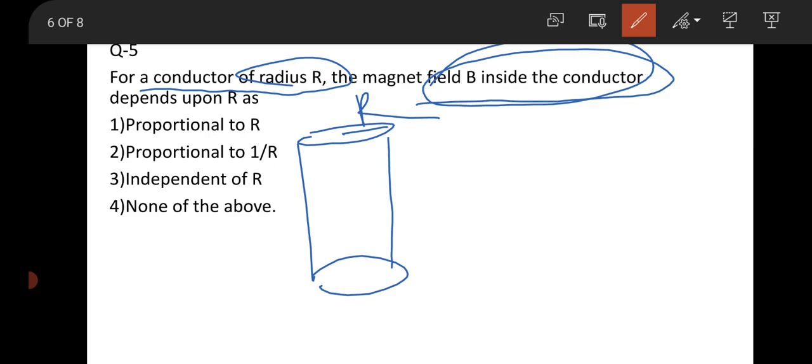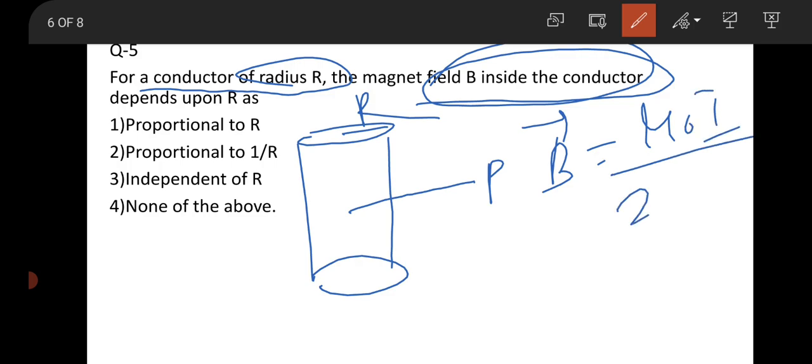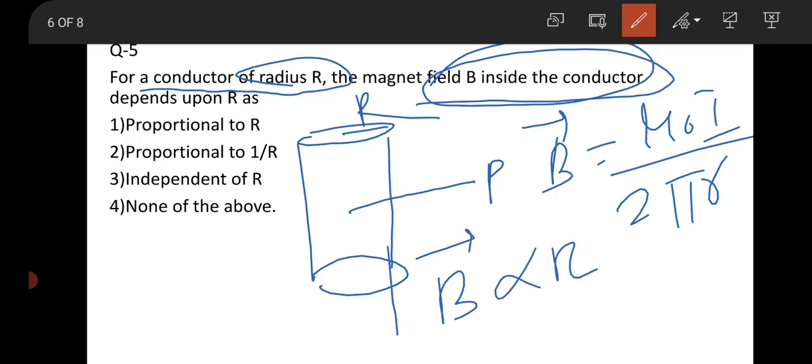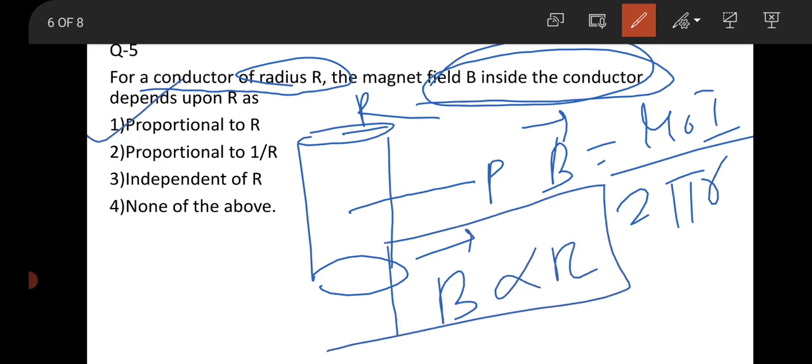First of all, if we are measuring the magnetic field outside at any point P of the conductor, then the magnetic field at that point will be mu 0 I by 2 pi r. But here it is the magnetic field inside. We have to measure the magnetic field inside the conductor. So the magnetic field inside the conductor will be directly proportional to r. So the correct option will be option 1.